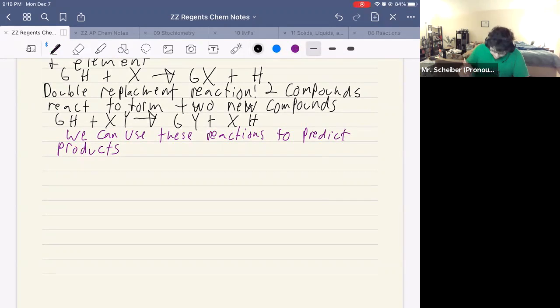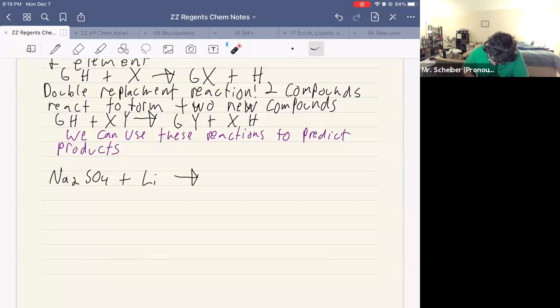So let's do, I don't know, Na2SO4 plus Li. If that's a single replacement, we know that the Li and the Na are switching out. So we would have Li2SO4 plus Na.